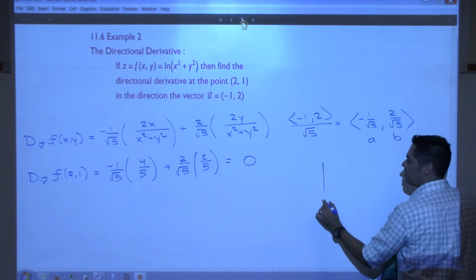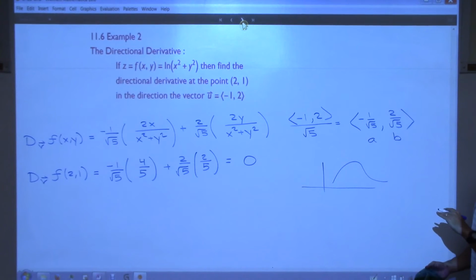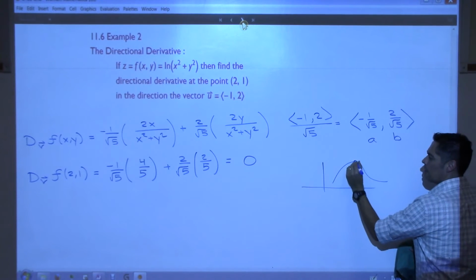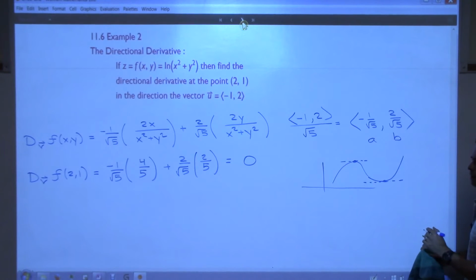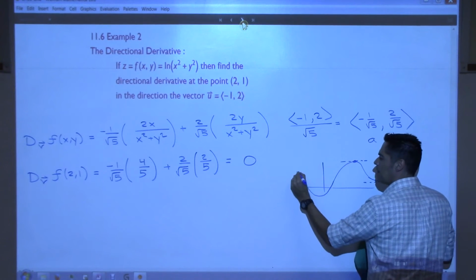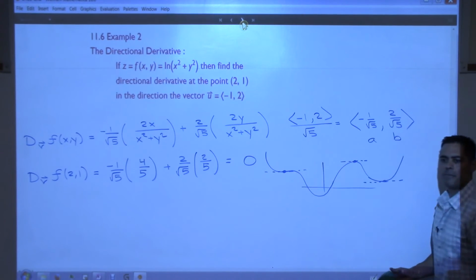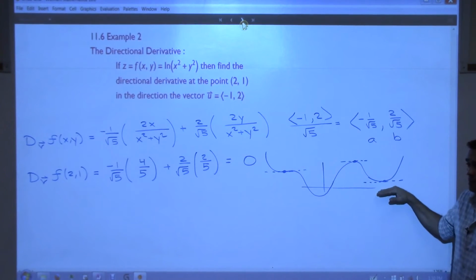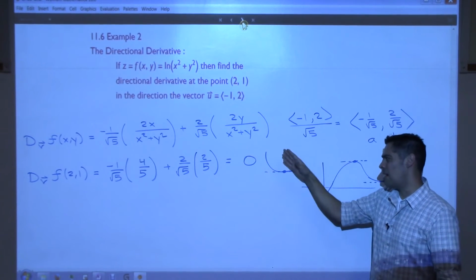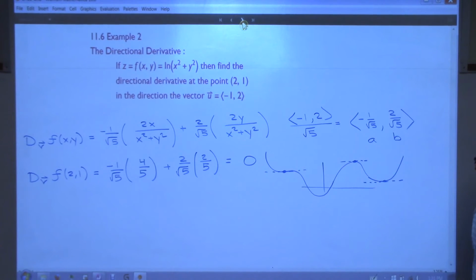It's not as simple as back in Cal 1, where if the derivative was 0, you were either like here, or you were here, or you could possibly have had something like this happen there. That was pretty much it in Cal 1 when the derivative was 0. You were either at the top, at the bottom, or at one of these weird points where you're neither the top nor the bottom. This is kind of like what a saddle point is for us, which is later. But it can be even more complicated with surfaces. So it's okay to have a derivative of 0.